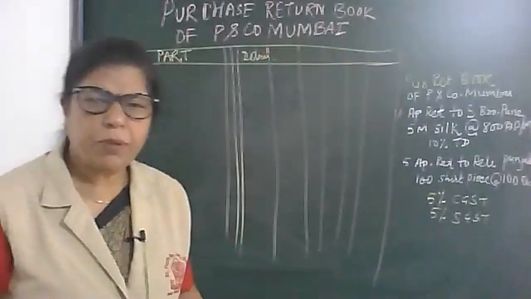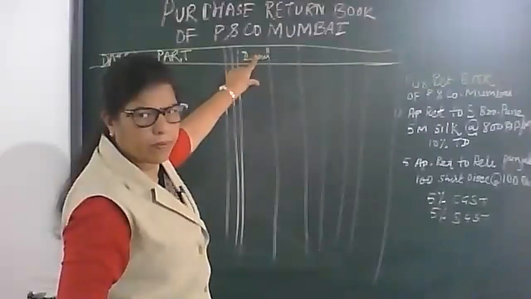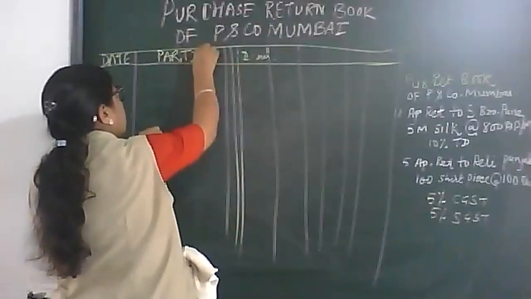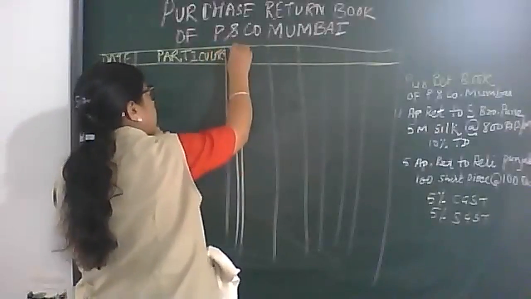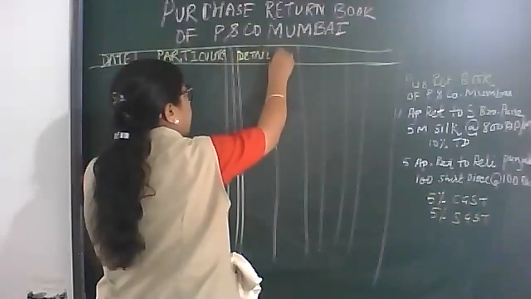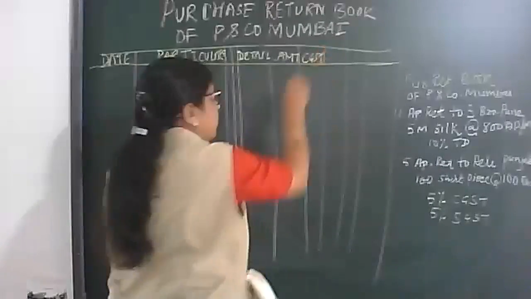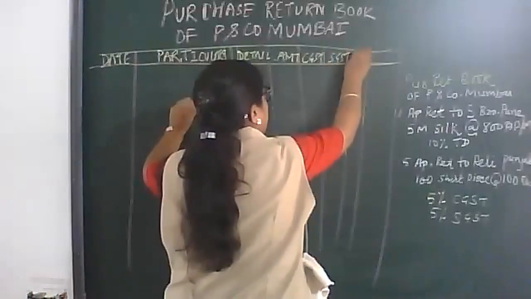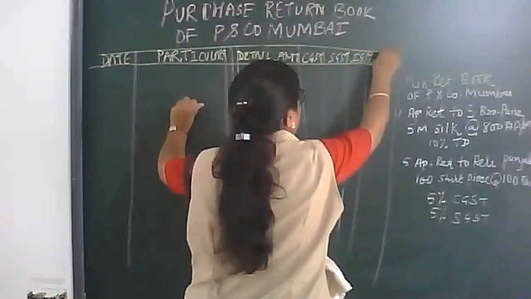The format will be the same. This is details. Particular, detail, net amount, CGST, SGST, IGST, net, total.